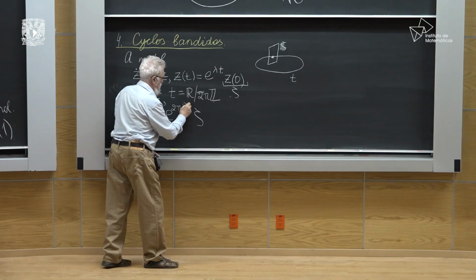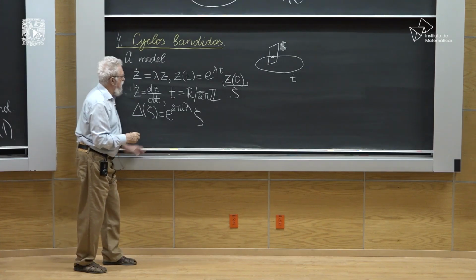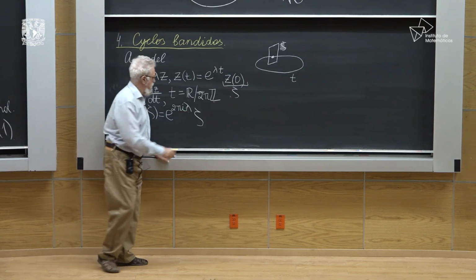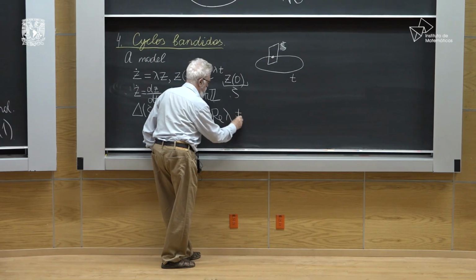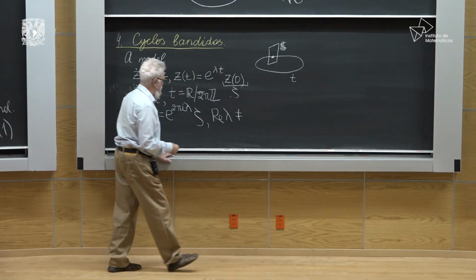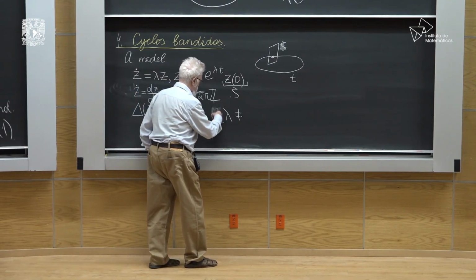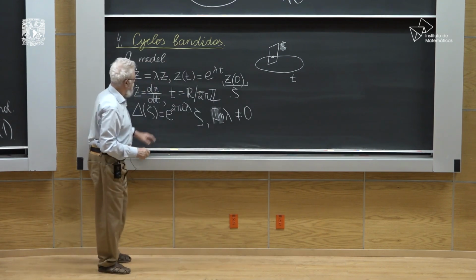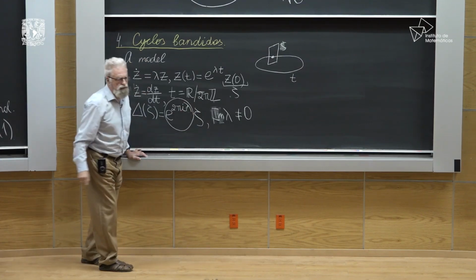So if lambda is not real, if the imaginary part of lambda is different from 0, then the magnitude of this complex number is different from 1.